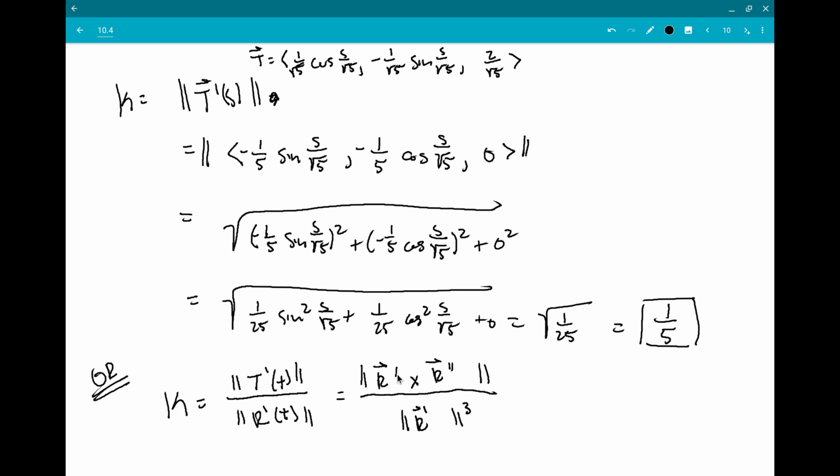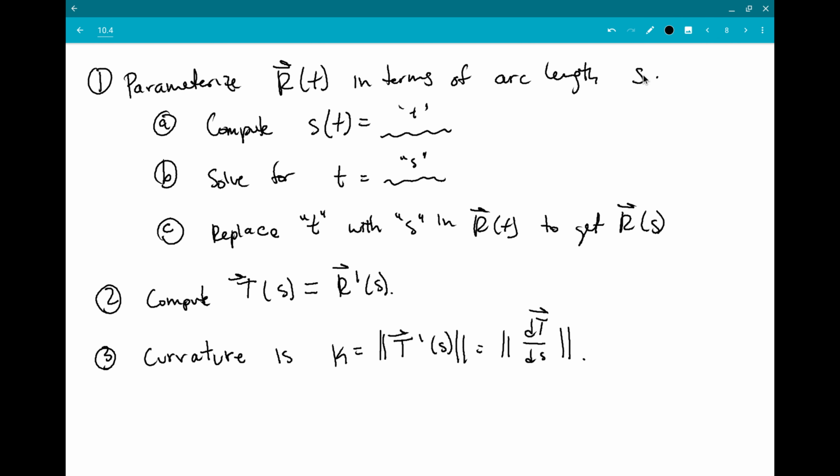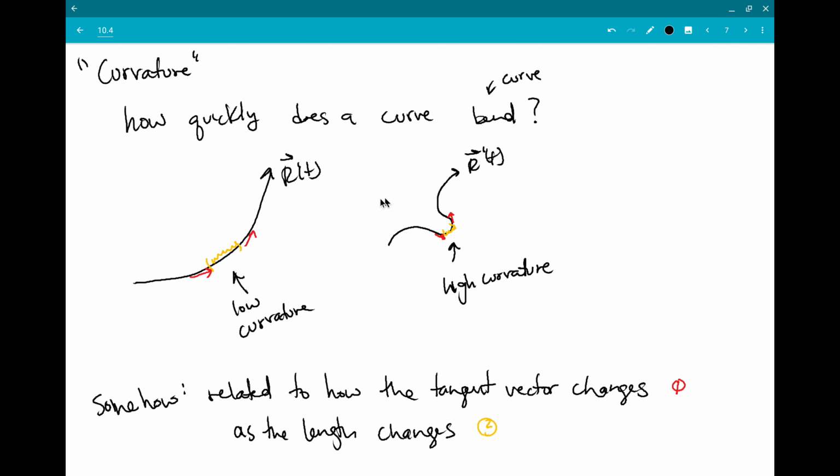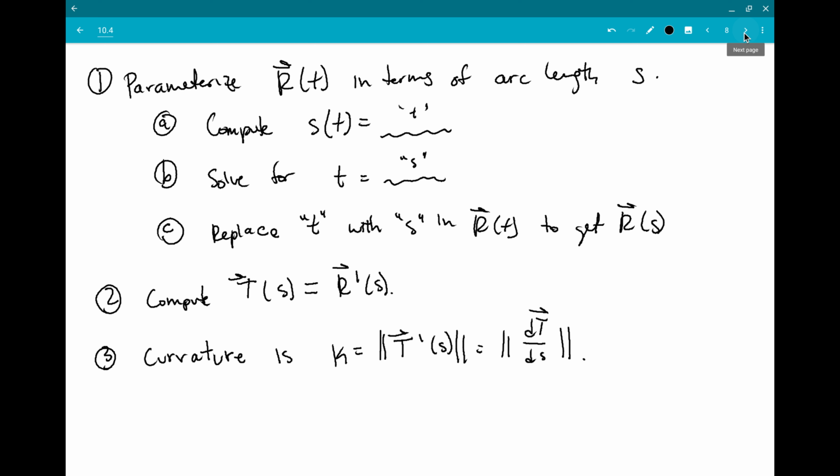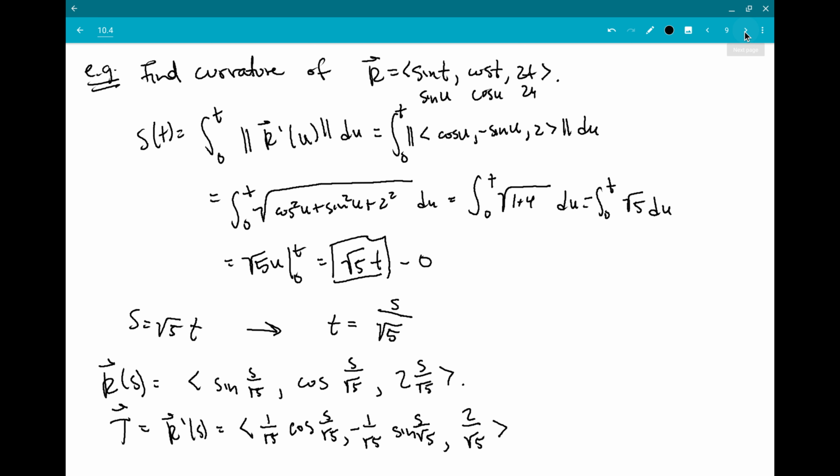Sorry, I want to be clear. These are the ones that depend on t. I'll cram all that in real quick. This first time we practiced it this way because I really want you to understand what curvature is. If you forgot one of these formulas on an exam, you could figure this out straightforwardly based on what you know of derivatives and arc length.